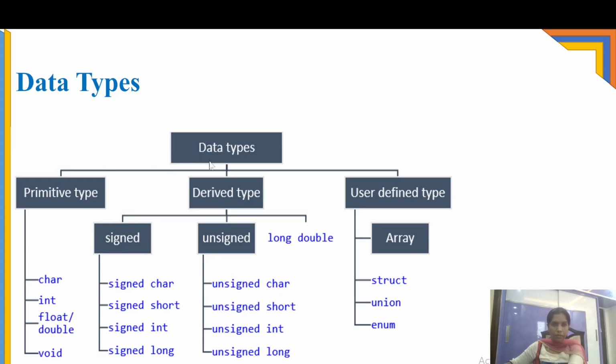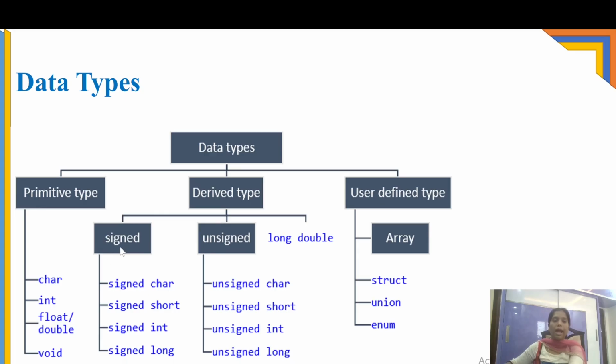In C, data types are divided into 3 types: primitive data types, derived data types, and user defined data types. Under primitive, as we already know from first year, we have integer, char, float, double, void. Next, under derived data types, we have signed and unsigned.